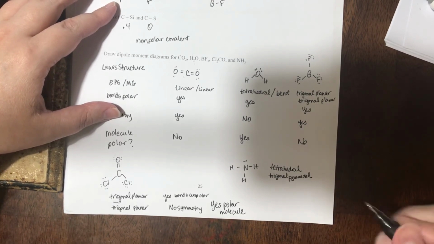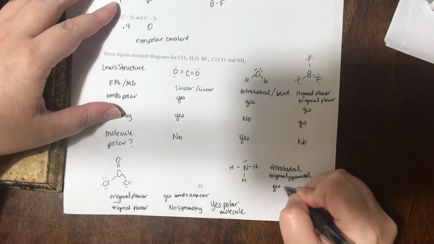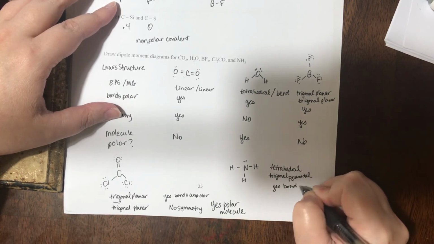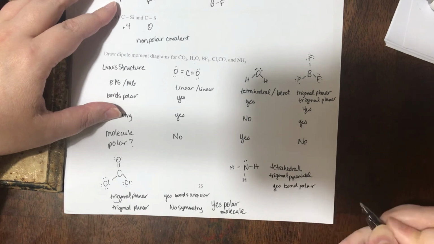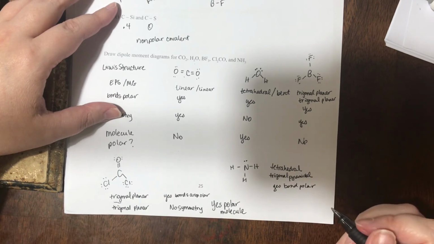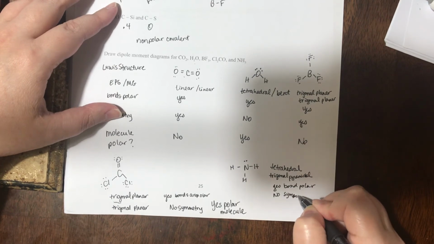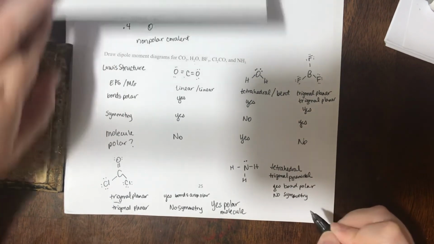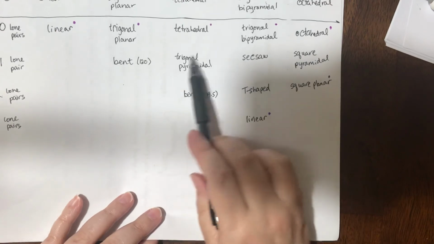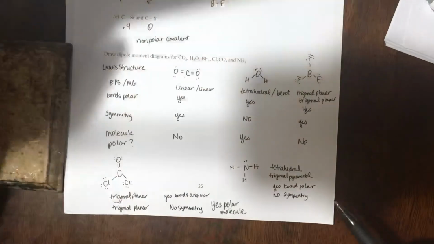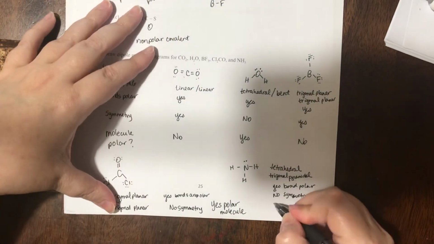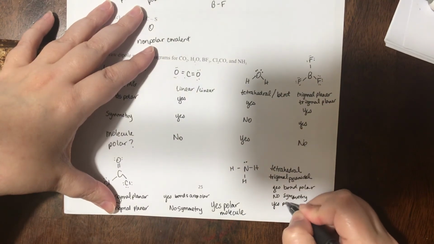So are the bonds polar? Yes, the bonds are polar. Is the shape symmetrical? No symmetry, because remember, this one, trigonal pyramidal, there's not symmetry there. So is it polar? Yes, it's a polar molecule.